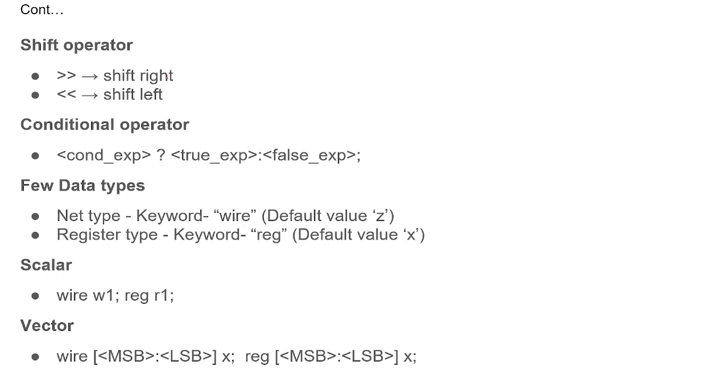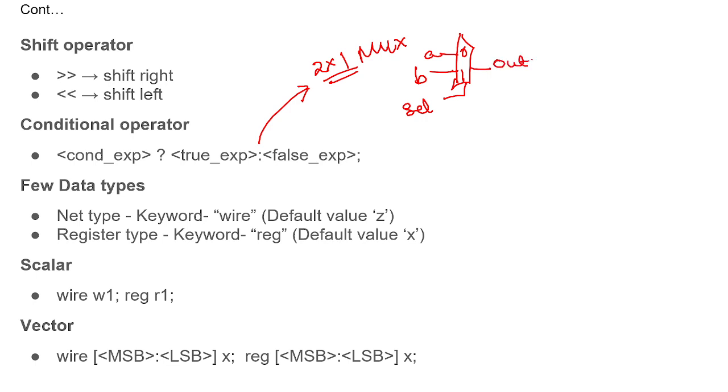Then these are the shifting operators, right shift and left shift, and then the conditional operator, where you write the conditional expression, question mark, followed by the true and false expressions. So we can implement a 2 cross 1 mux using this conditional statement. Consider a 2 cross 1 mux, let this be the select line, 0 and 1, this be A, let this be B, and this one out.